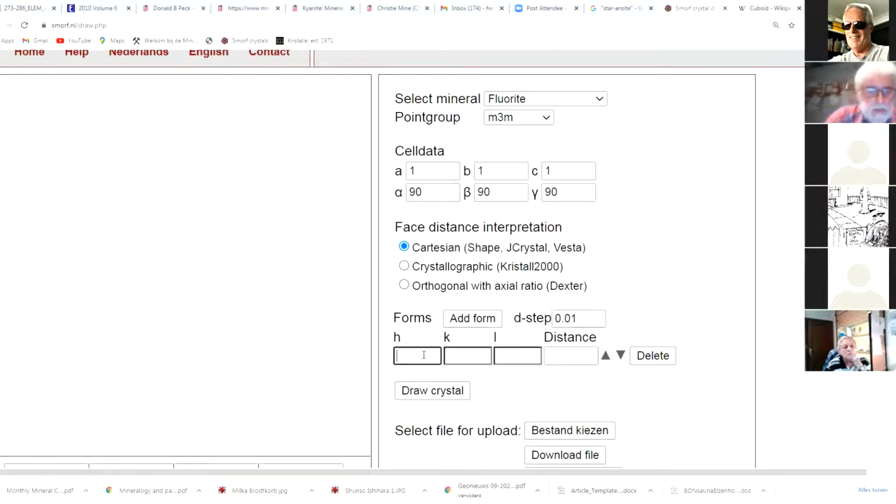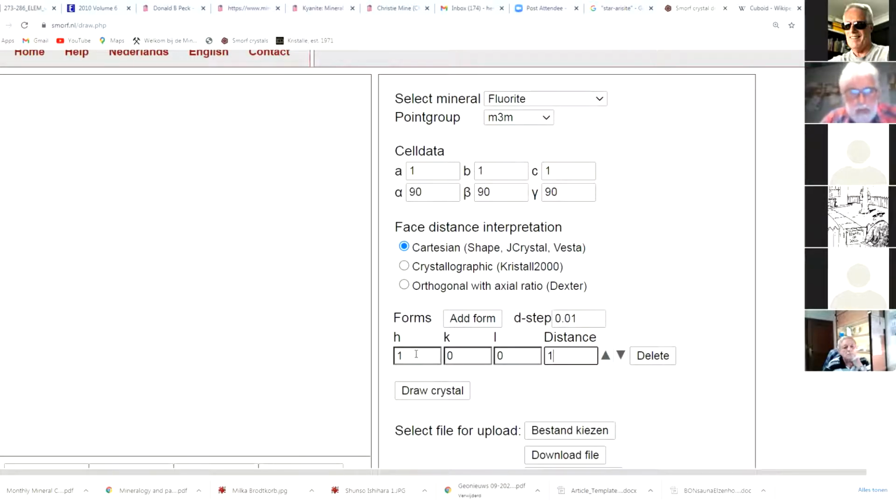So let's keep it very simple and say that we're going to put 1 for A, and then 0 for B, and 0 for C. So HKL in this case stands for A being 1, B being 0, and C being 0. And we say a distance of 1, okay?